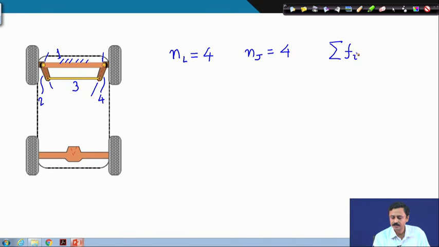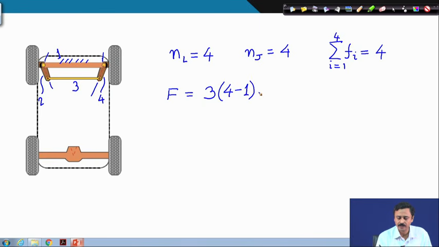In other words, the summation of degree of freedom of all these kinematic pairs is 4, because each kinematic pair has 1 degree of freedom and there are 4 kinematic pairs. Therefore, degree of freedom is 3 times (4 minus 1), because one link is already grounded, minus 3 times 4 plus 4.